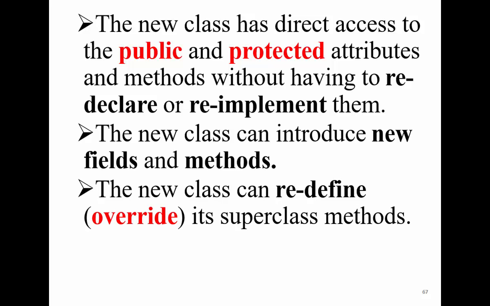A subclass can define new fields and new methods, and can also redefine a method, what we call overriding, but you should specify the same signature. You should write the same signature in the subclass and redefine it, and that behavior we call overriding.